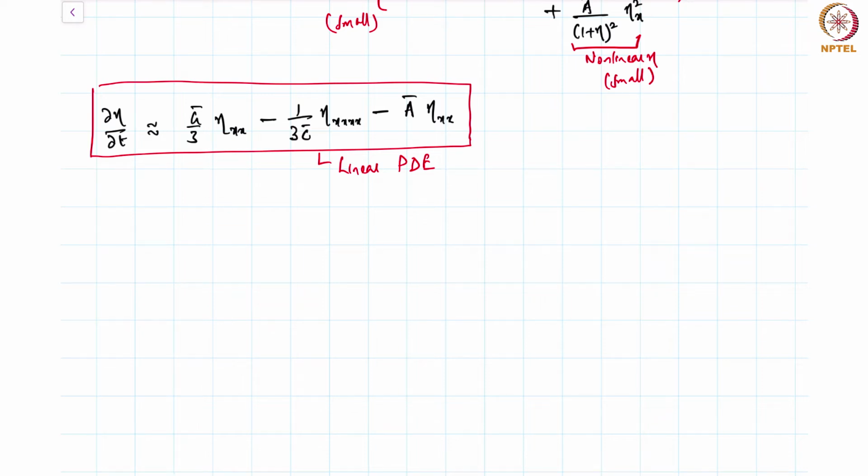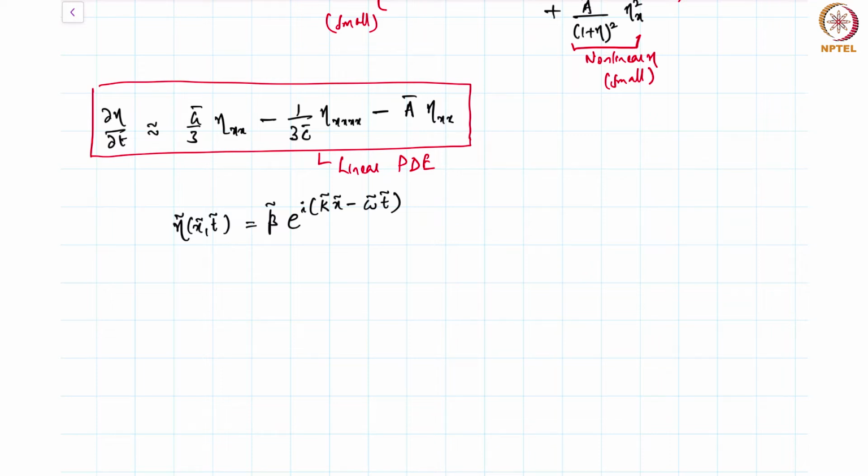So the idea is the following. We have eta hat of x and t. We'll assume it to be some beta hat, some amplitude, times e power i k hat x hat minus omega hat t hat.